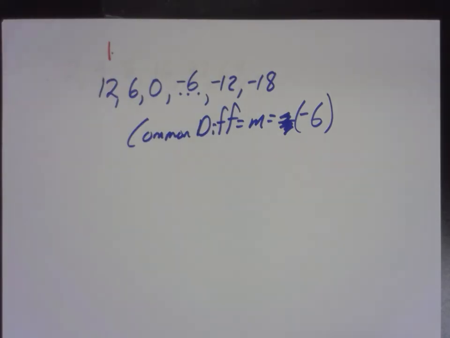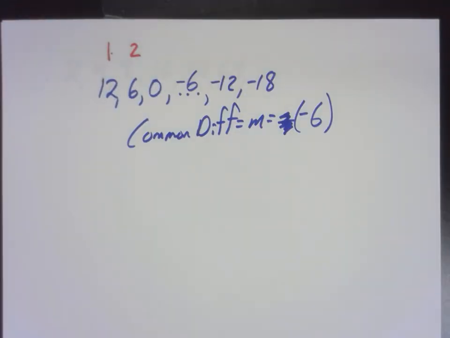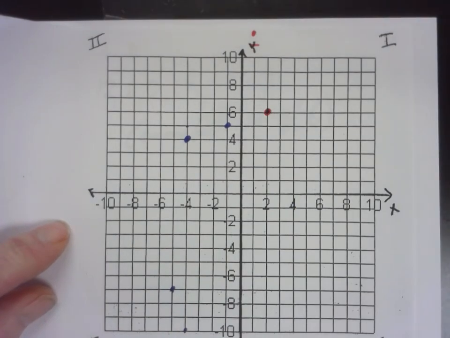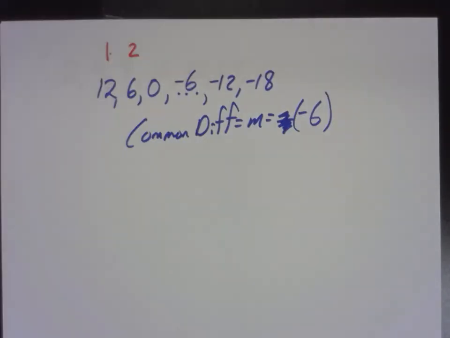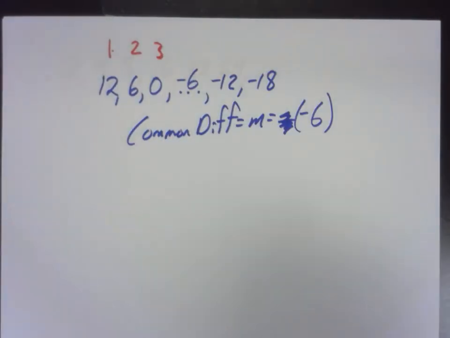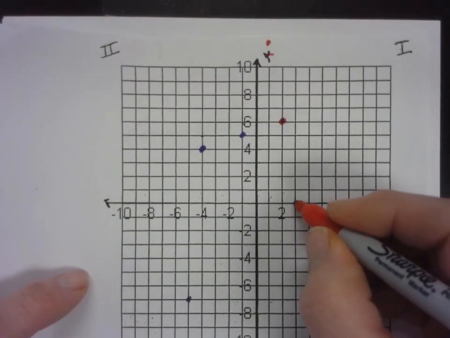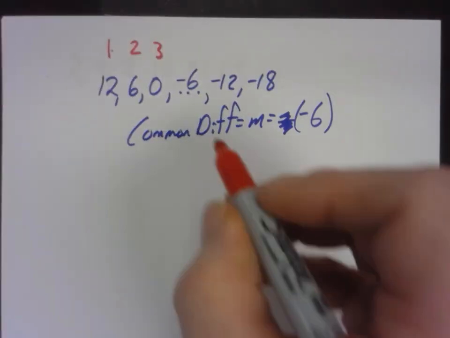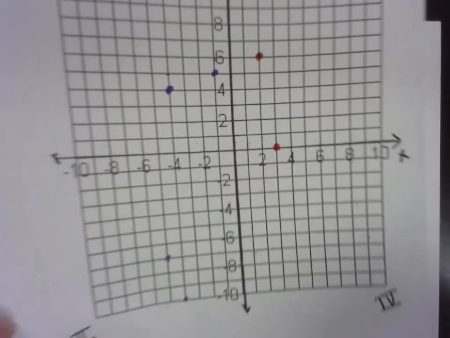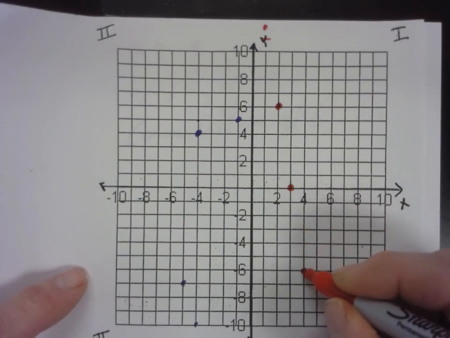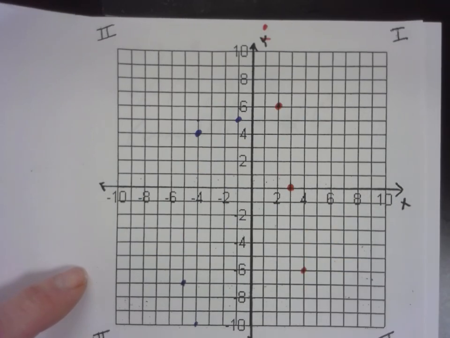Okay. When x is 2, 6, right? When x is 3, 0. When x is 4, -6. And you guys are getting the idea, right?